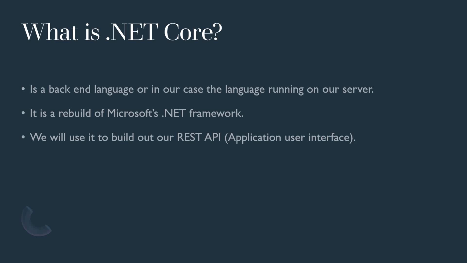So they decided to rebuild it so that it was lighter weight, faster, and better in many cases. We will be using this to build out our REST API, or application programming interface. If you don't know what that means, don't worry. We're going to be delving into that very soon.